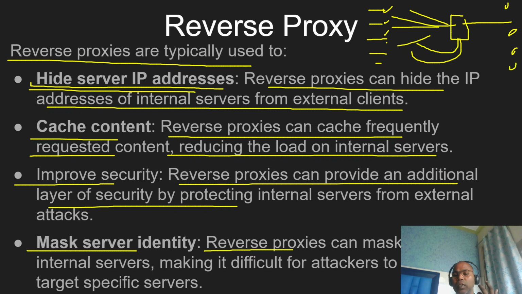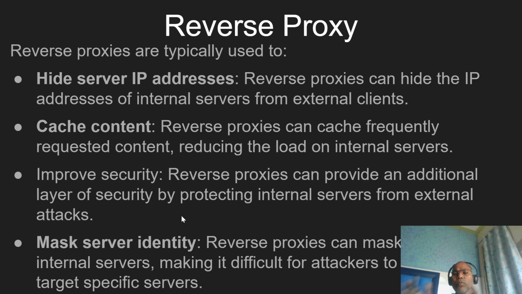So a reverse proxy can mask the identity of the internal server, making it very difficult for an attacker to identify the target server. So the proxy plays a role in securing our internal web servers so that an attacker cannot attack them, cannot overwhelm them, cannot know the IP address, and cannot know the exact identity. A reverse proxy plays a role like that.